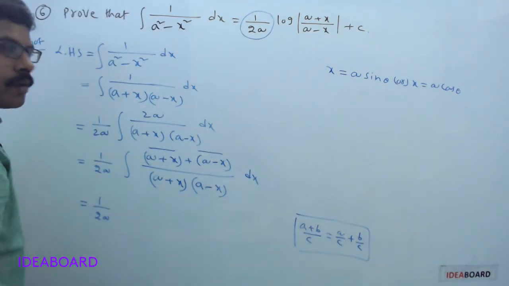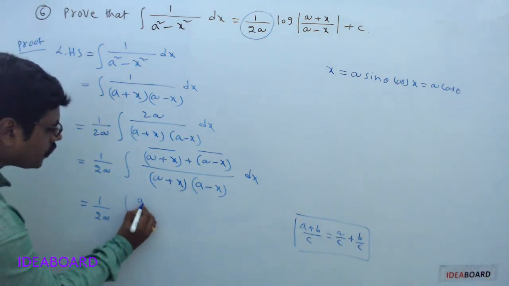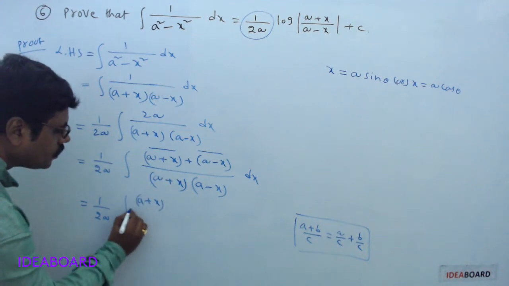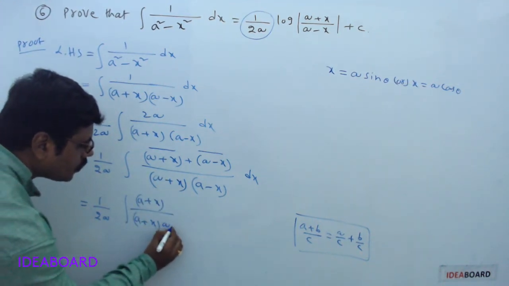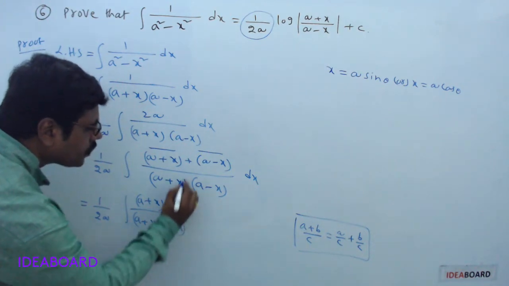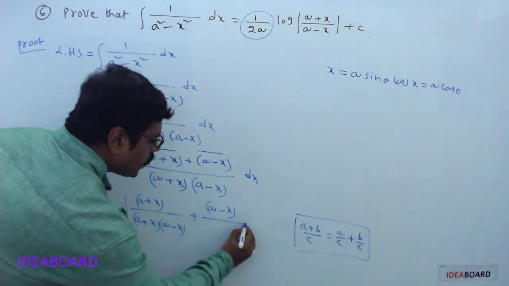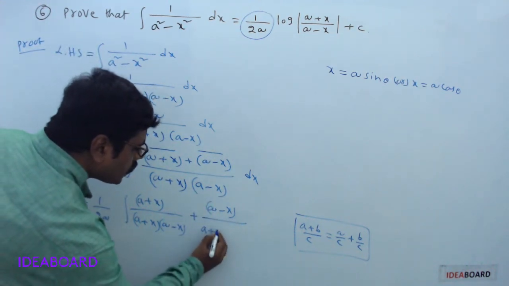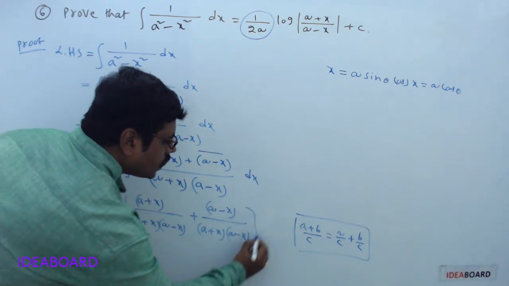So by using that property, it can be taken as the integral of (a plus x) divided by (a plus x) into (a minus x), plus (a minus x) divided by (a plus x) into (a minus x) dx.